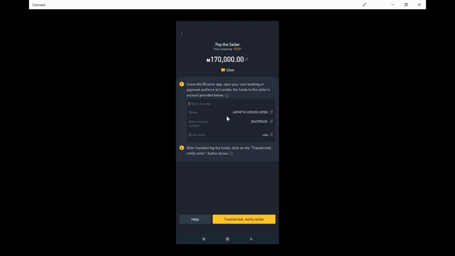Do not do it via proxy. It has to be your own account and the name has to match your name on Binance, the name you registered with and used for your ID verification on Binance. It has to match that name. So take note.